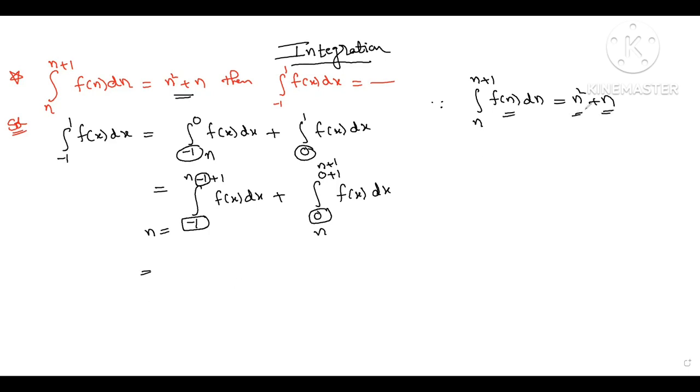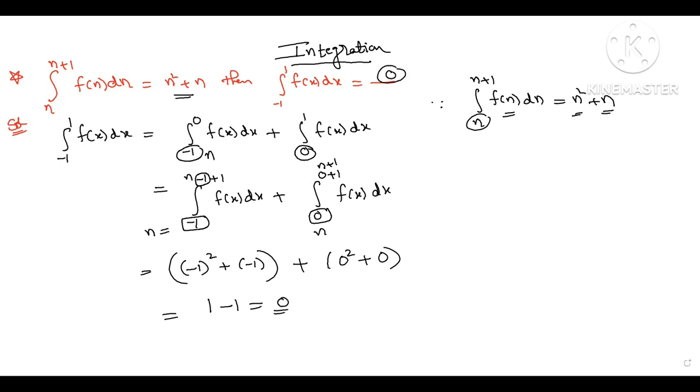In this condition, in the place of n, first we should write minus 1. So minus 1 whole square plus minus 1, plus in the second integral we should write 0, so 0 square plus 0. What do we get here? Minus 1 whole square is plus 1, minus 1, it will be 0. The answer will be 0.